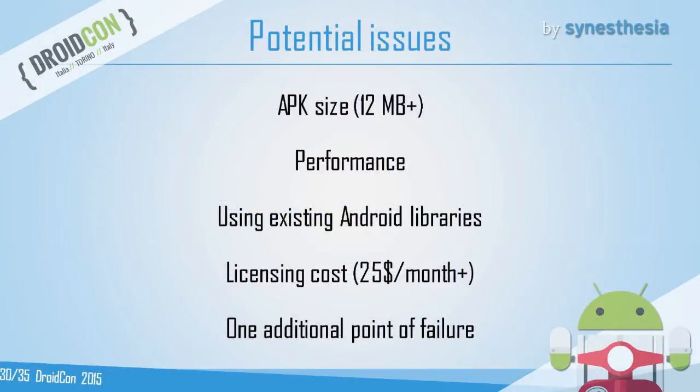Okay, now on the darker side, the less pretty stuff, you have some issues in Xamarin. For instance, as you can imagine, putting the whole .NET runtime inside an APK makes the APK larger, of course. And how much larger? It's usually around 12 megs, which is quite big, actually.